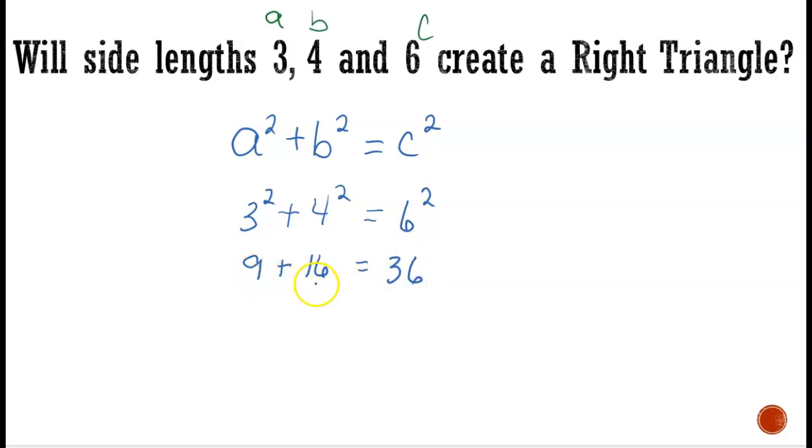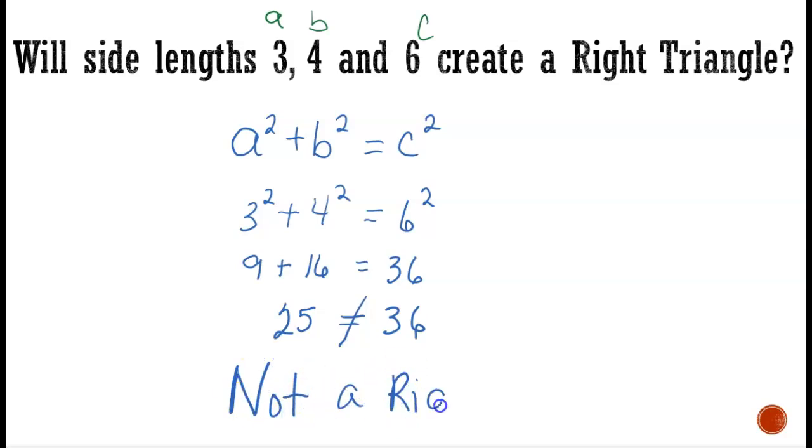Well, I add 9 plus 16 and I get 25. Does 25 equal 36? That does not work because 25 does not equal 36. So this is not a right triangle, because a squared plus b squared does not equal c squared. And we can prove that by using the Pythagorean theorem.